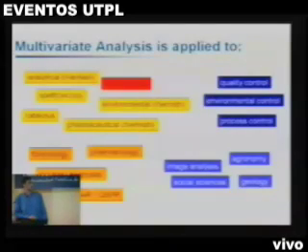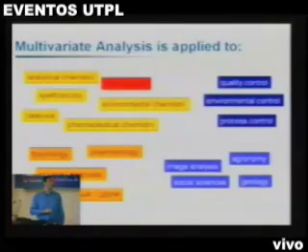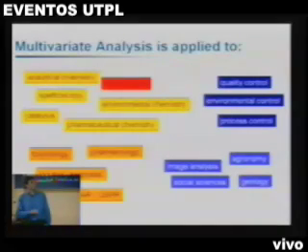Then we have toxicology, medical diagnostics. We saw yesterday a presentation where statistics were used to understand if food samples were good or bad. Then quality control and process control, environmental control, agronomy, geology, social science, and psychology, for example, image analysis. All these fields require multivariate statistics.